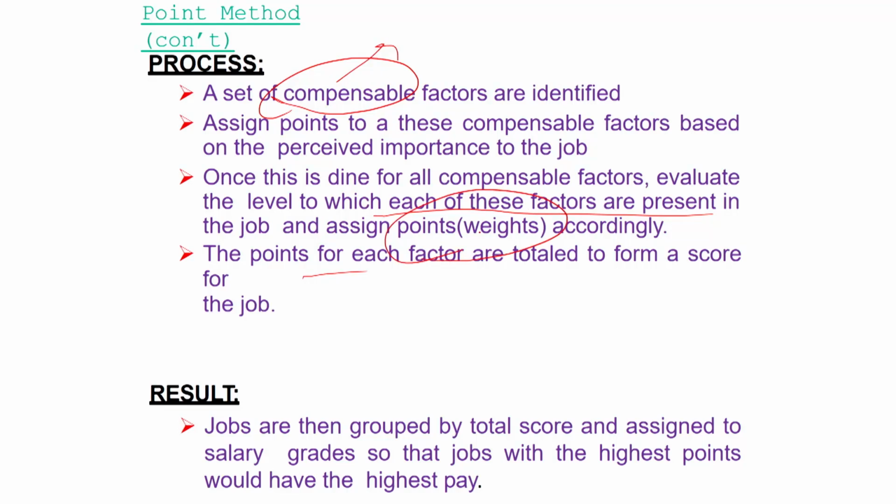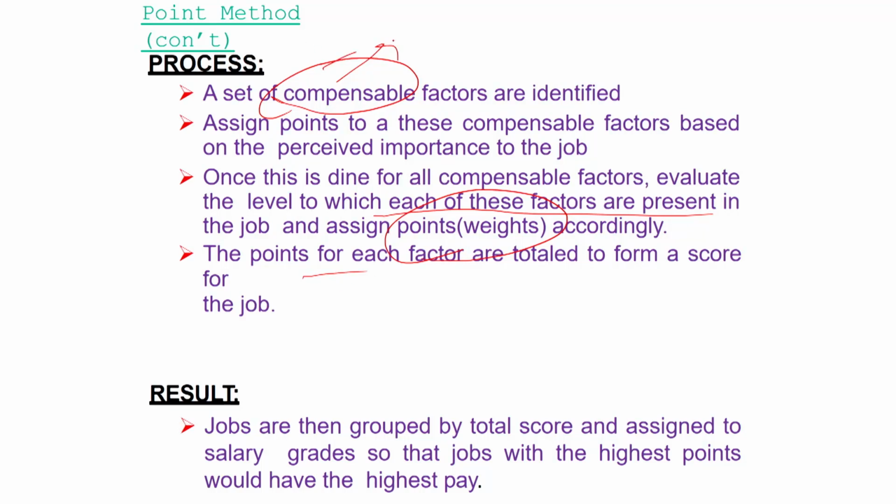These weights are nothing but a kind of numerical value that is assigned to the jobs. So this becomes more systematic in that regard. Let me make it a little more clear to you.